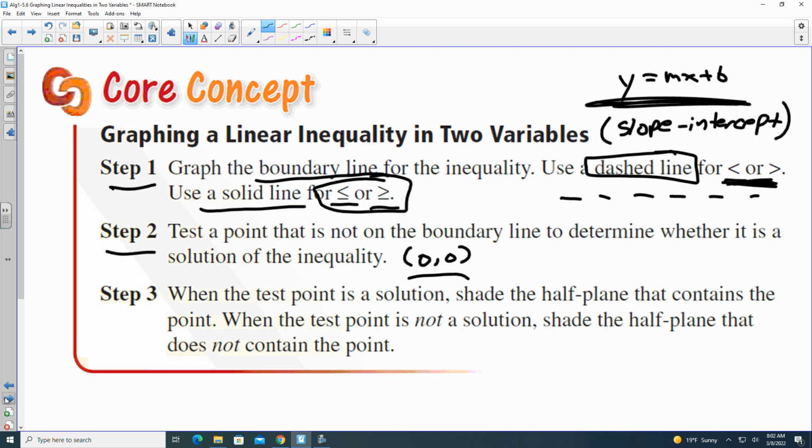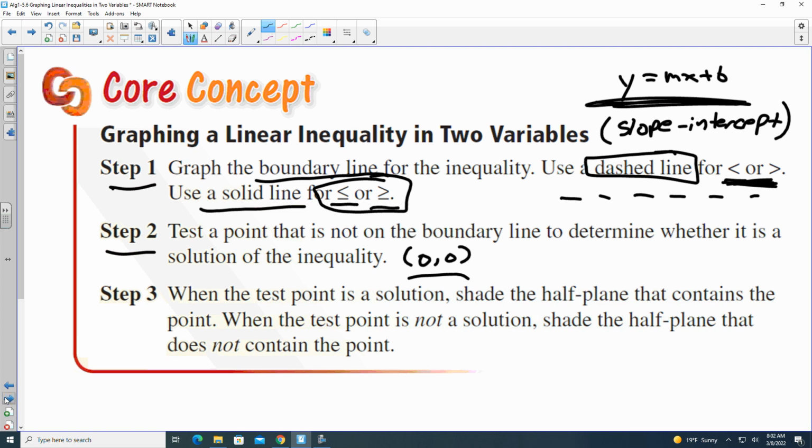So then finally, when you look at that test point, if it is a solution, if it is a true statement, you are going to shade half of the plane that contains that point. So you're shading on the side of the test point from your boundary line.